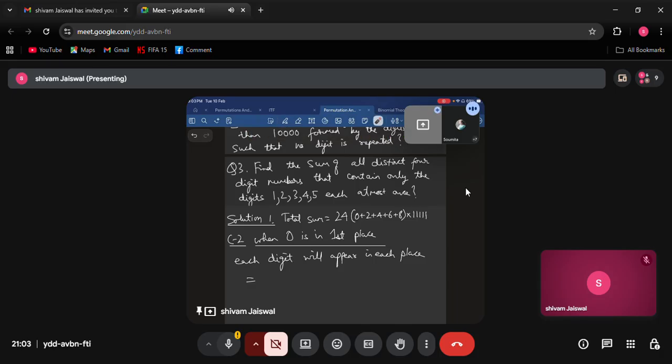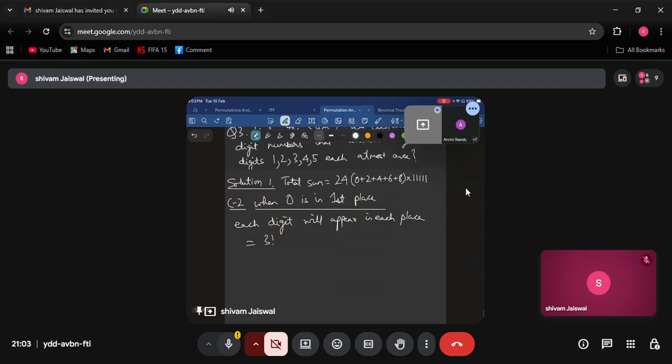What will be the total number of four-digit numbers now? 3 factorial times. Right. Raktim, see, it will be a 4-digit number now, right? If 0 is in the first place, we need to think about only these 4 digits.